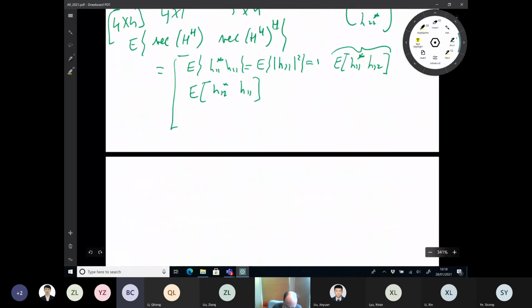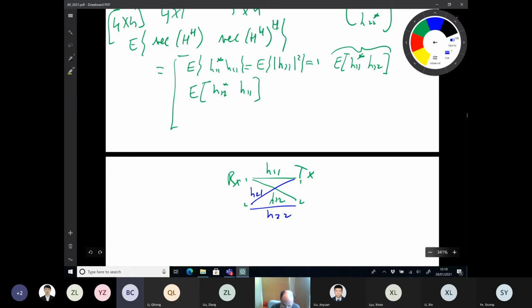So I have the receiver and transmitter. This is H11, this is H12, going from antenna 1, antenna 2 to antenna 1. Then I have this, and I have that. This is H22 and this is H21.